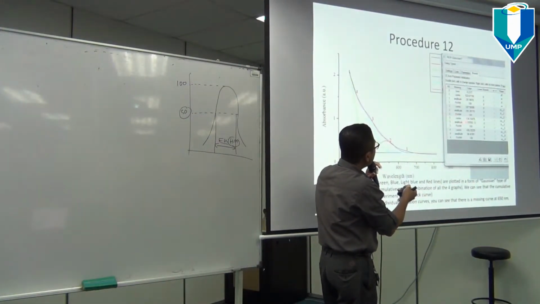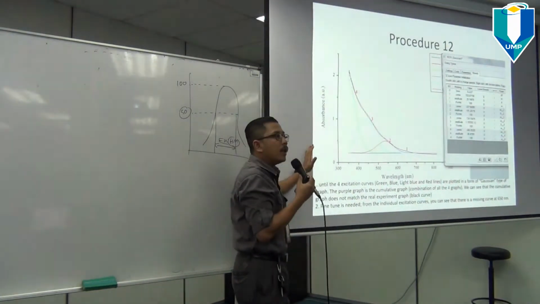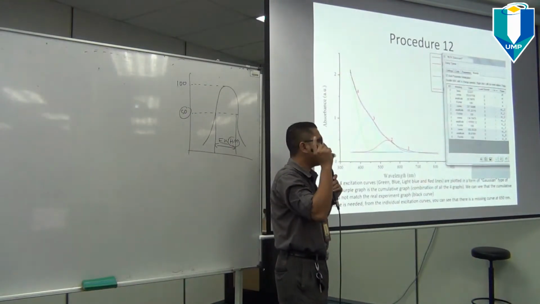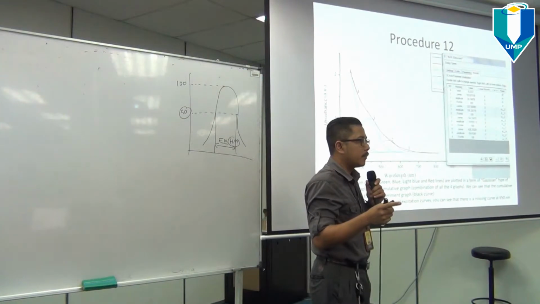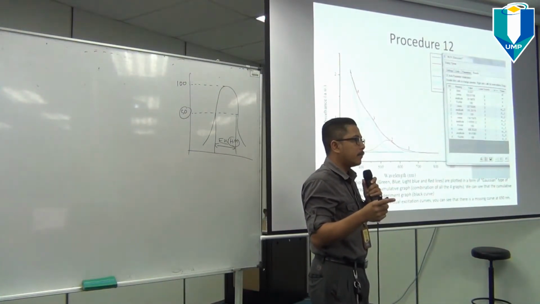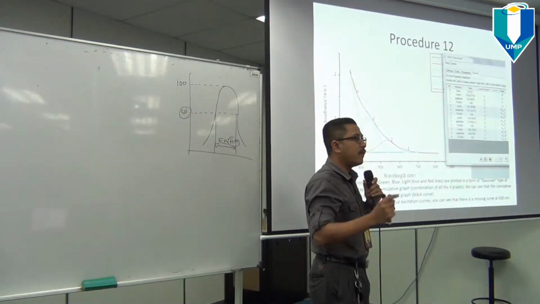Graph number 3, center is 134. 134, somewhere over here. Look at your data. What is the lowest wavelength of your data? Look at the table of your data. What is the shortest wavelength?